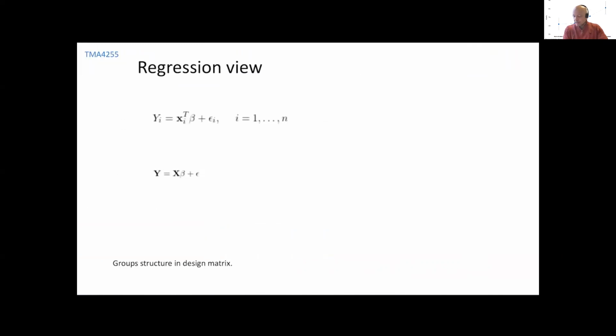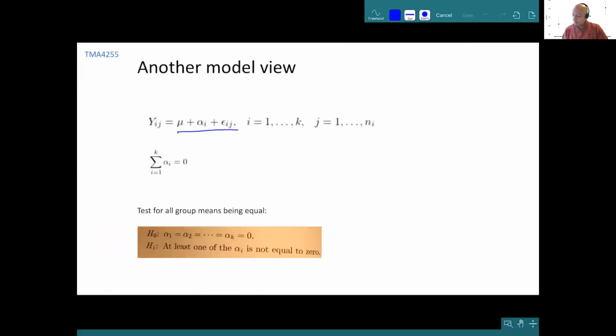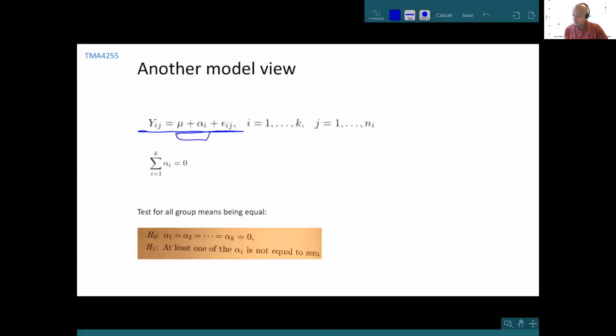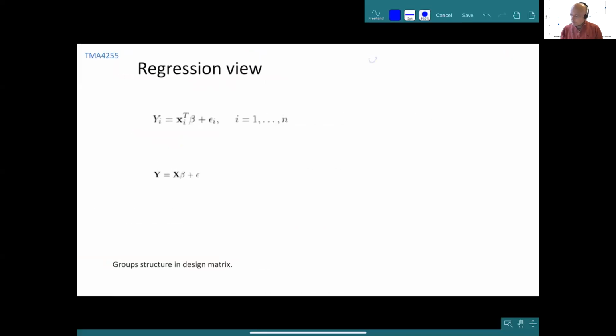We can also see this as a regression model where we form a design setting. So what was our model? It's equal to this. So this is our model. Can we write this part as a regression model? Well, we can. So what do we have here? We had y_11, y_12, and then y_1n.